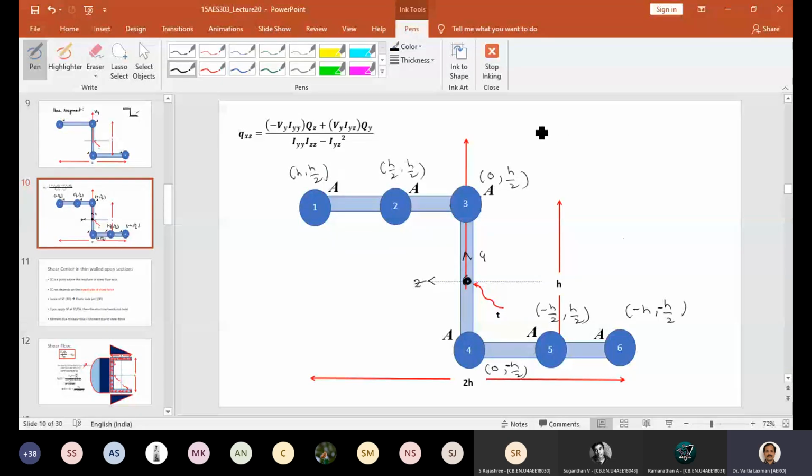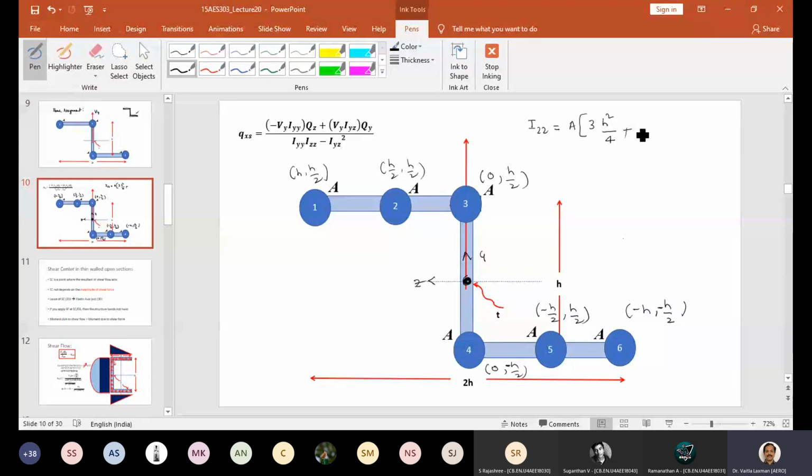Now you find Iy, Iz. Iz is equal to what? All areas are the same, so I'm taking A common. I will start from here. Iz is once what? Y square you have to do. Y is this square. So 3 times h square by 4, plus this also there.